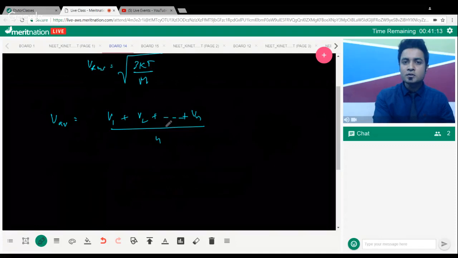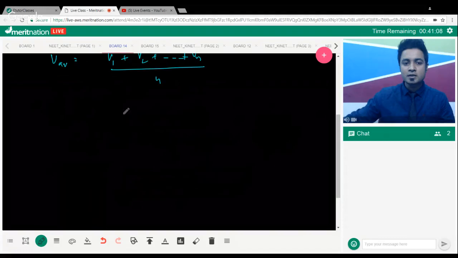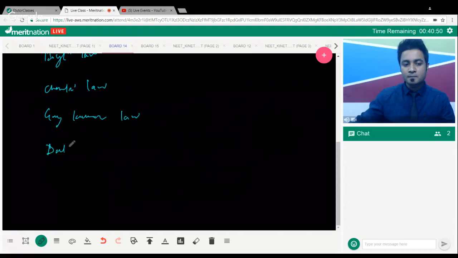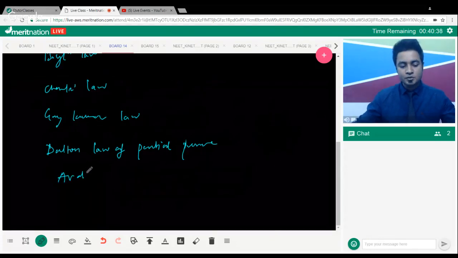These are the important things, the pressure and the rest of the gas laws, guys. We have Boyle's law, then Charles's law, Gay-Lussac's law, Dalton's law of partial pressure, and Avogadro's law.